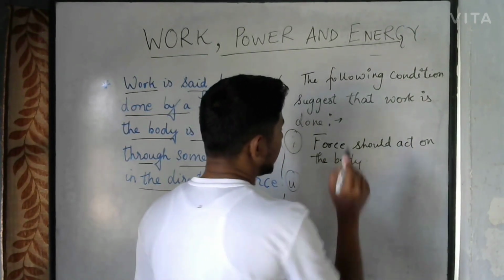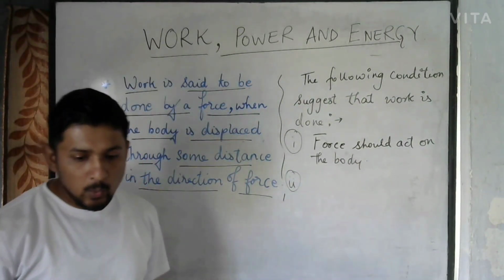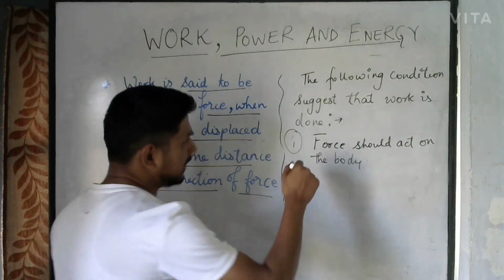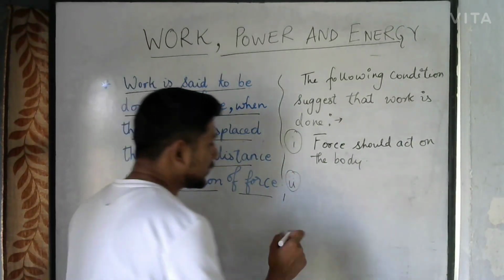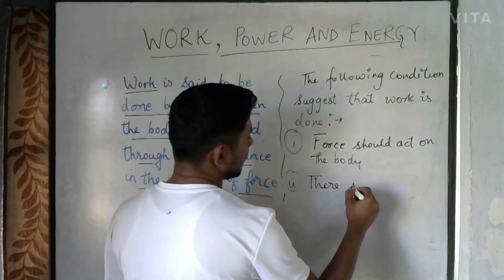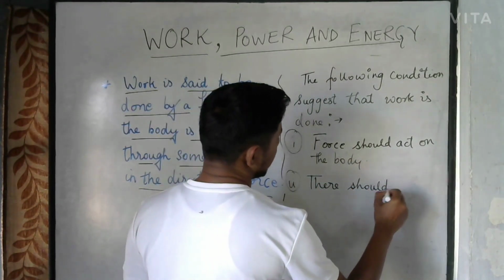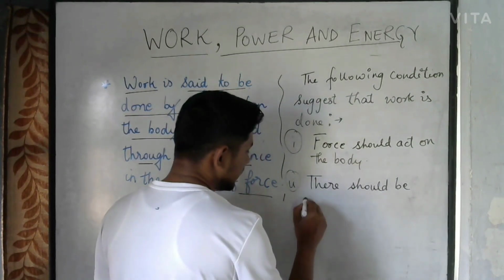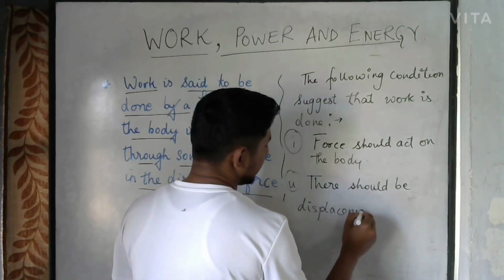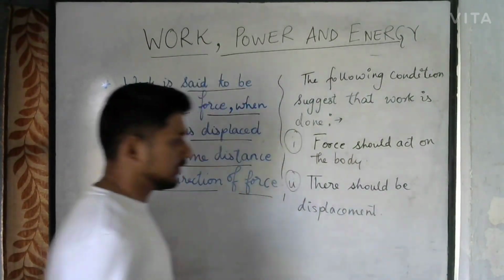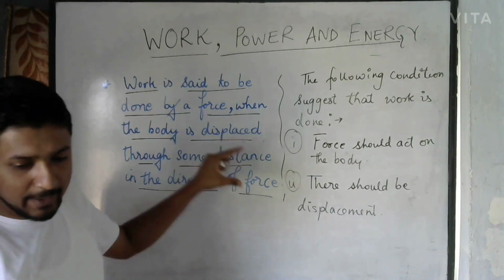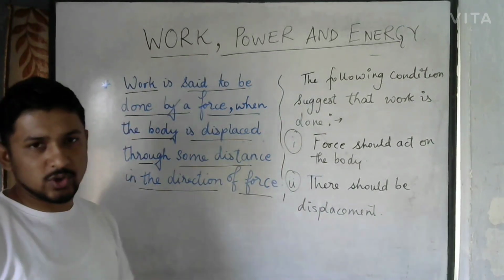The next condition for producing work is that there should be displacement. That is very important. I hope the definition of work is completely clear, and based on this, there are two conditions of work.